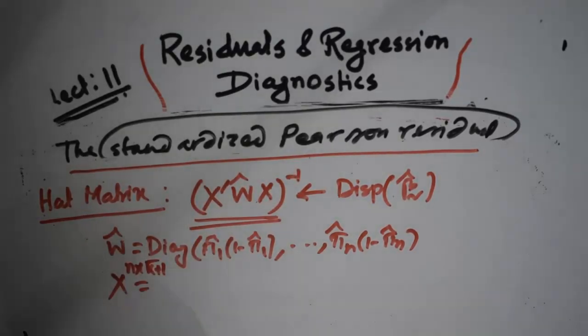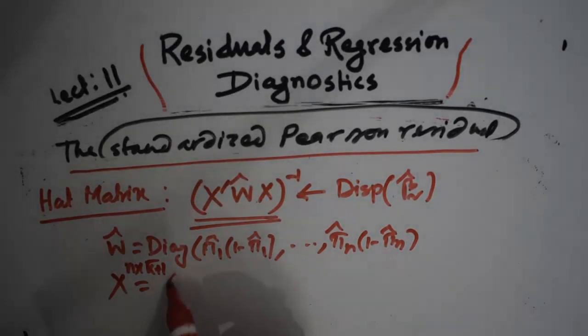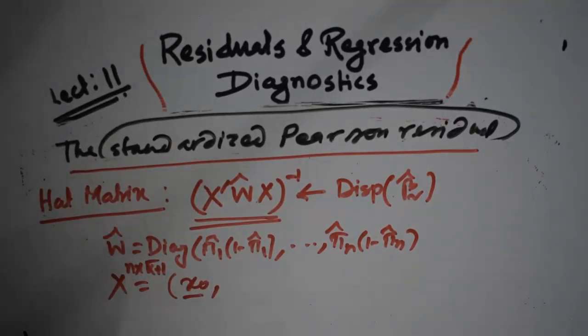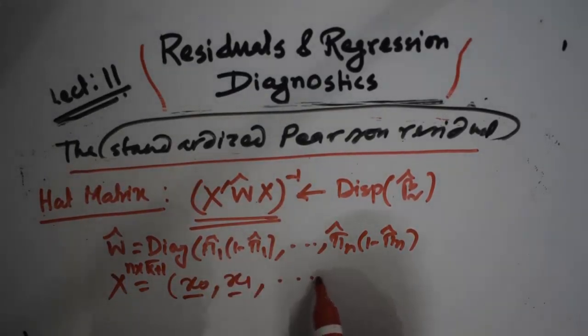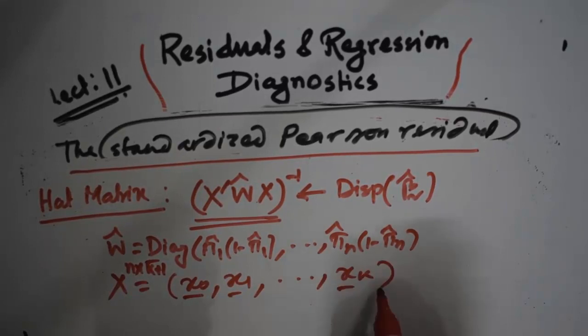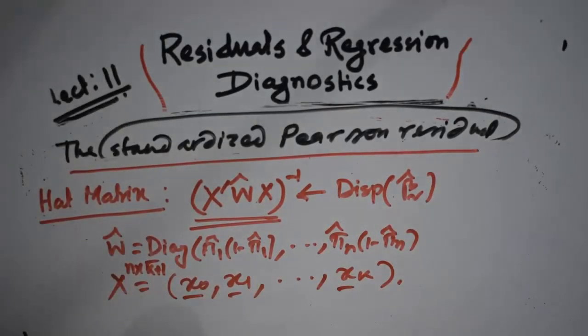Since we take k explanatory variables and the first column of the X matrix has all elements equal to 1, these are k covariates or explanatory variables.